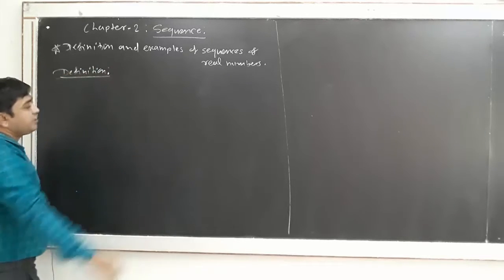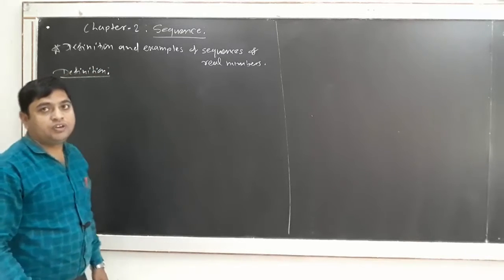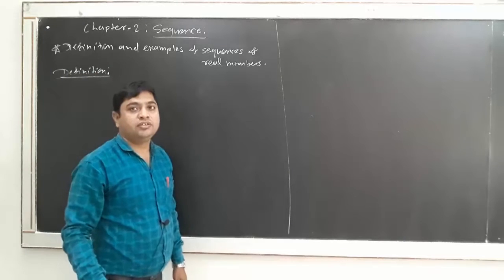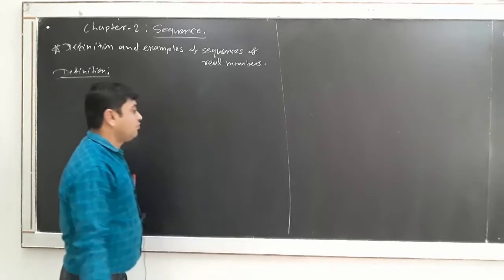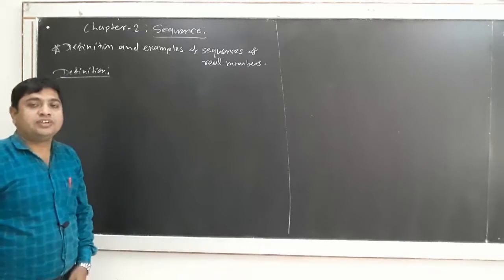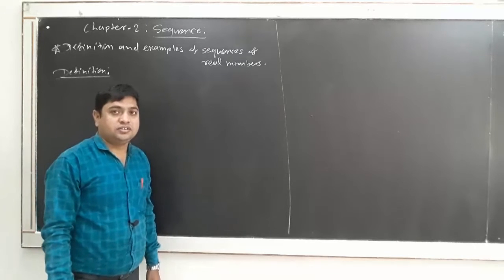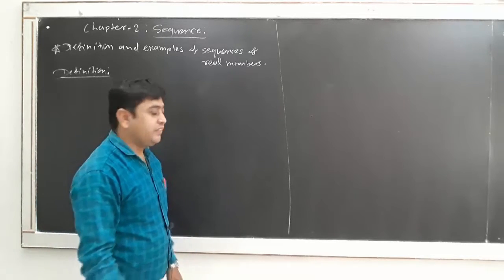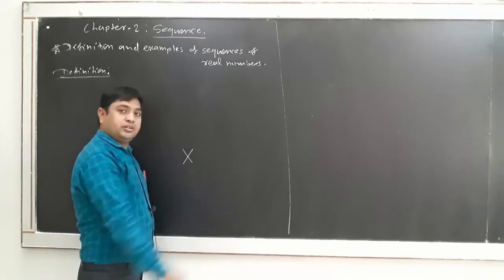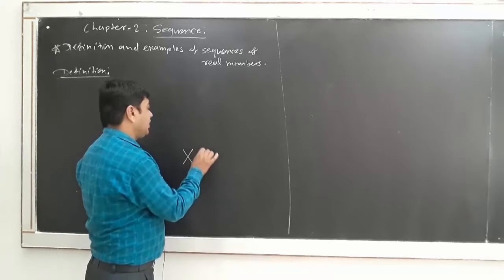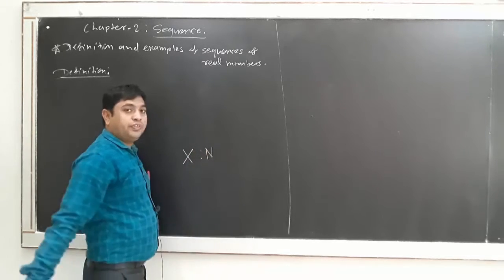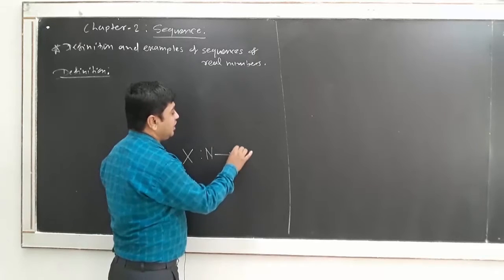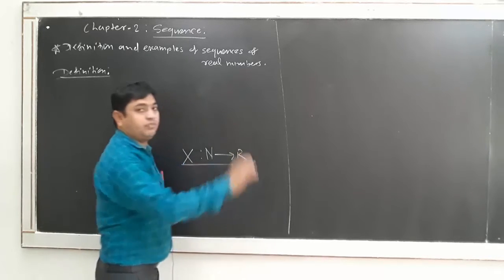So simply, we can say that a sequence is just a function. A sequence is just a function from natural numbers to R. This is the very simple definition. That is, if x is any function from natural numbers to R, then this is our sequence.